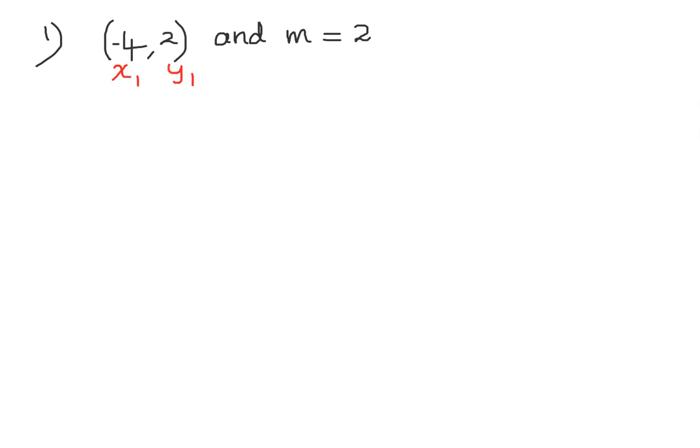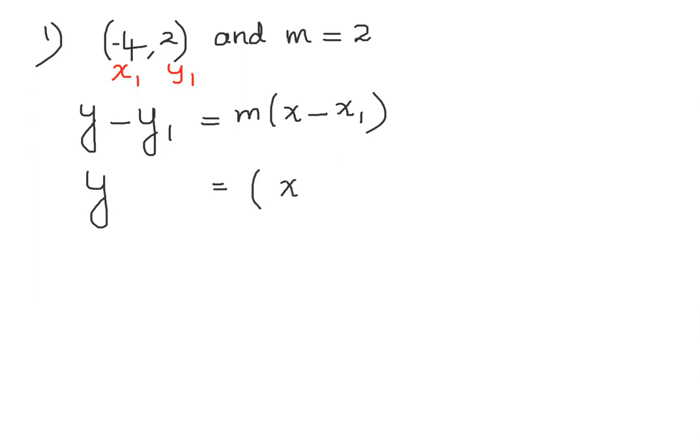We use the point slope formula, y minus y1 equals m times x minus x1. All we need to do is plug in the values of y1, x1, and m, then get the equation in slope-intercept form.